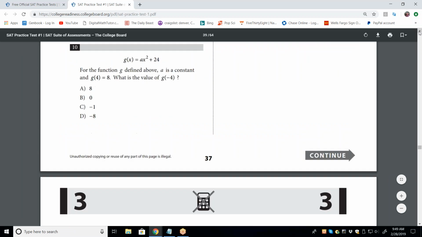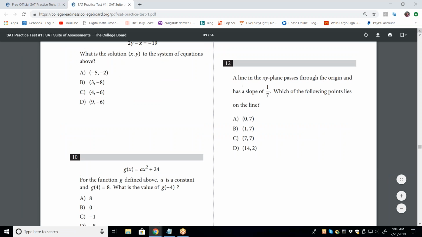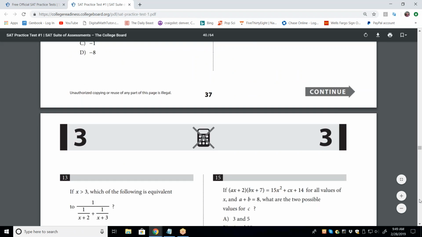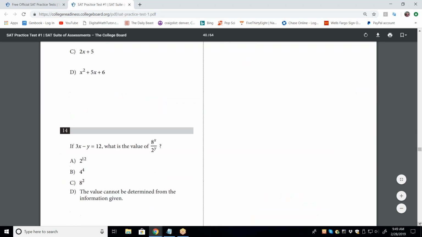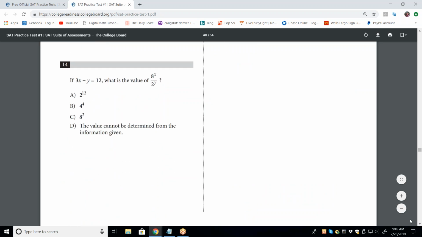Okay. Take a look at 14. Whoops. There's no 14. 14 must be below 13. There it is. So 14 and 15 are the last questions of this section, so they're going to be the hardest 2 questions of this section.